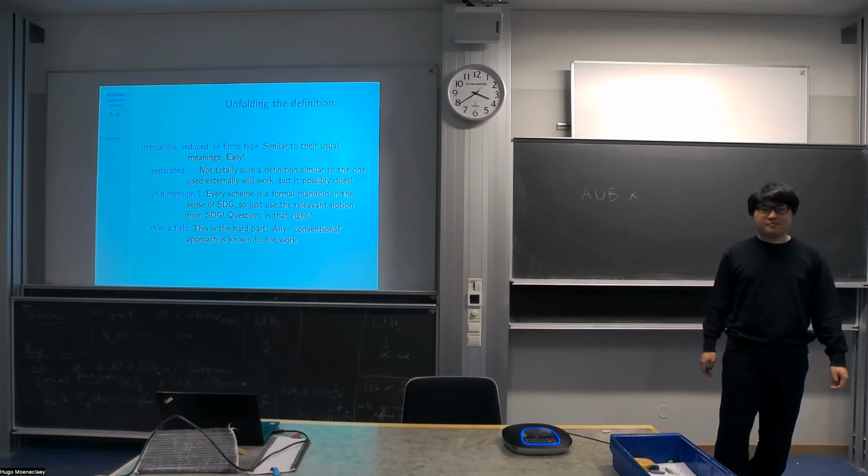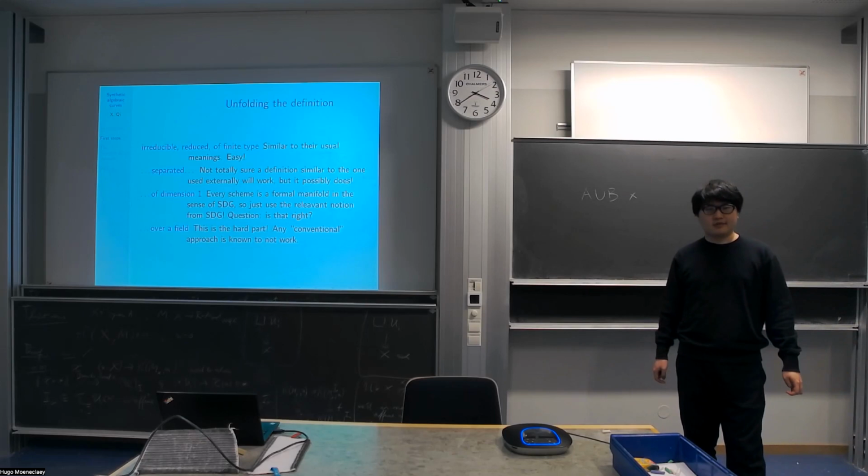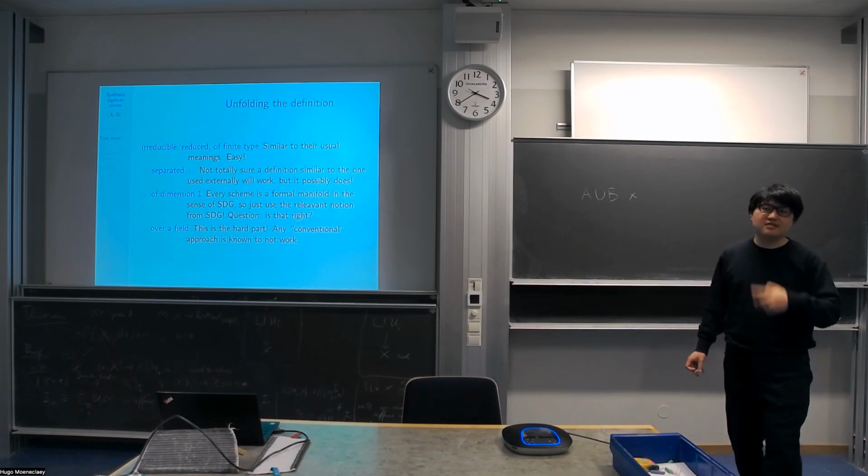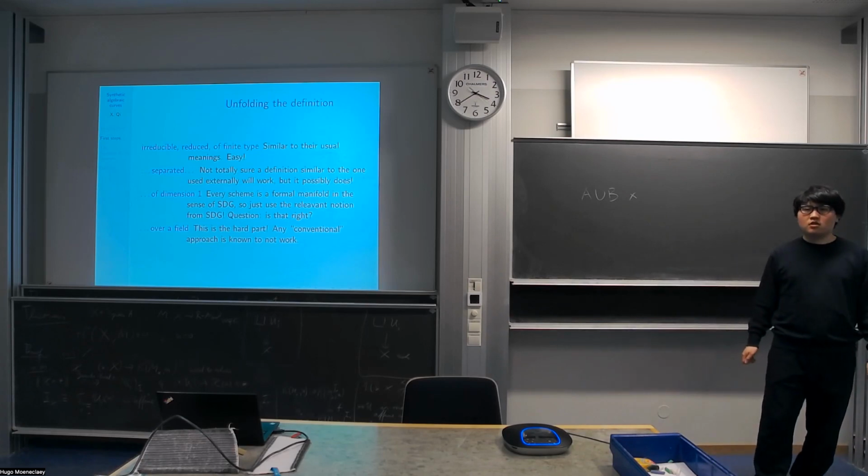So I would guess the candidate definition that we use means being still irreducible even after change of base. What is the definition? Every non-empty open is dense, I think.